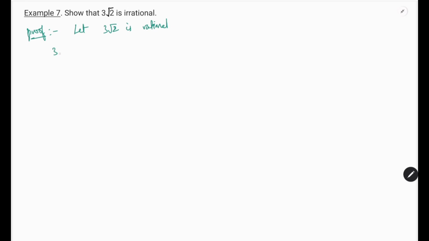Rational means it is expressed in the form of P by Q. 3 root 2 is equal to P by Q, where P and Q are integers.